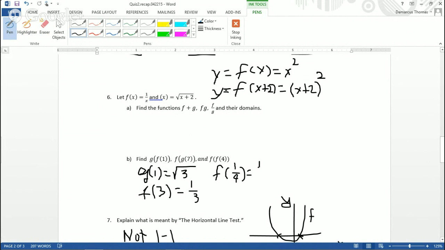And then 1 over 4. Hey, this is the inverse function, so the inverse of 1/4 is 4.